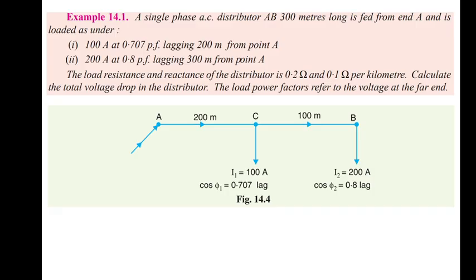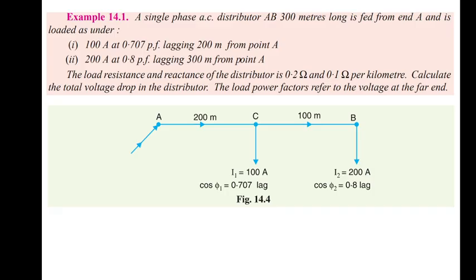In this slide, we want to consider a practical example of a single phase AC distributor that is 300 meters long and fed from one end, labeled at point A, as you can see here. The distributor supplies two loads located at different positions along its length.